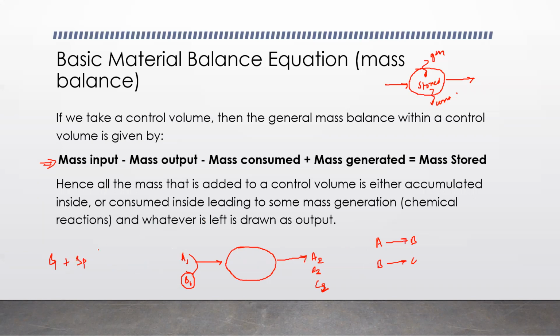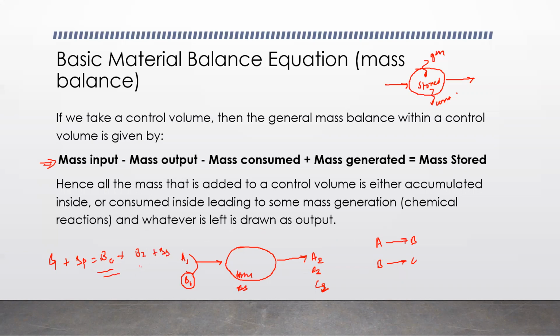So that is B that is produced. Some of this B is going to be consumed. So that is B that has been consumed. And after all this, the remaining B is going to come out. It might be possible that some B has been stored here.